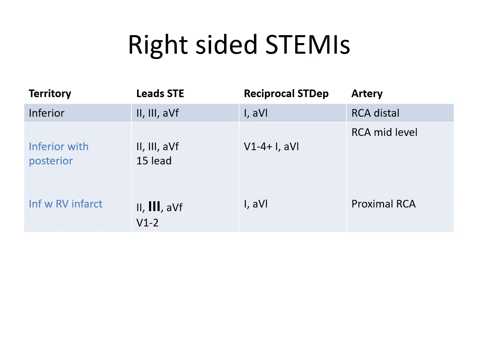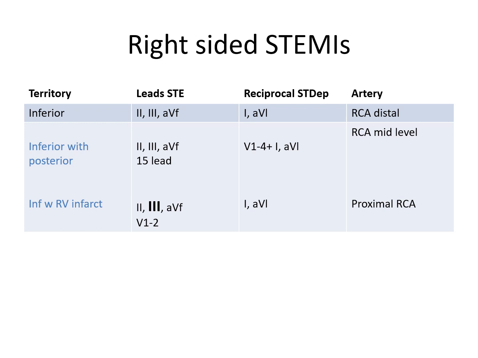Now, if you have a mid-level RCA occlusion, remembering at that point the RCA has kind of curved behind the heart, supplying the posterior wall of the heart, and then everything distal to it, ending up with the inferior portion of the heart. If you have an occlusion there, you will occlude everything distal to the occlusion. So you normally have the inferior STEMI pattern. So again, ST elevations in 2, 3, and AVF, and ST depressions in 1 and AVL, maybe V5, V6.